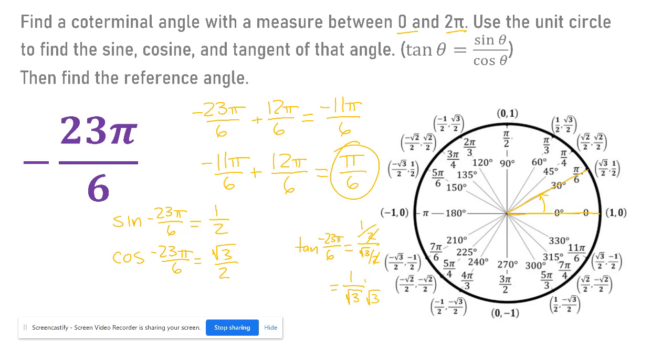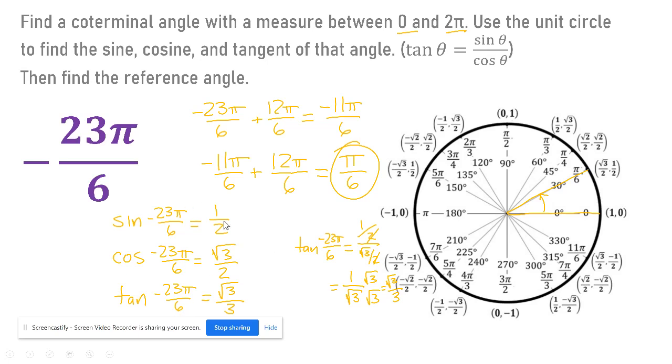So we'll multiply top and bottom by square root of 3. And our final answer here is square root of 3 over 3. So tangent of negative 23 pi over 6 is square root of 3 over 3. Okay, so that's our sine, cosine, and tangent.